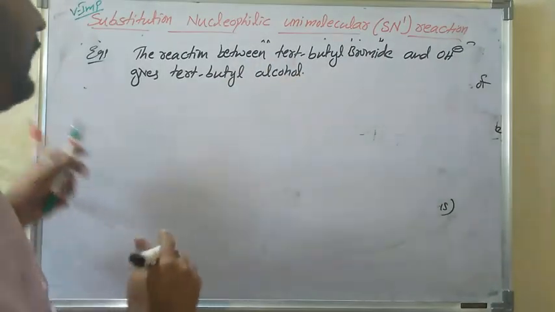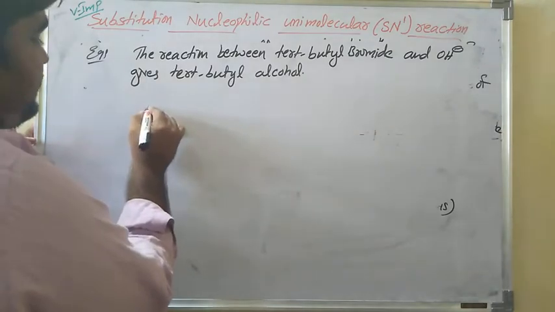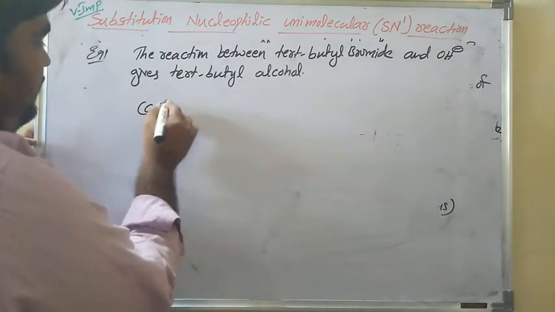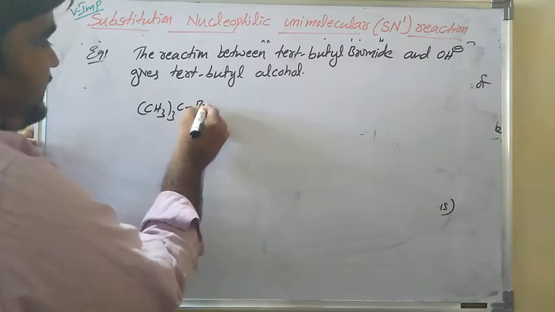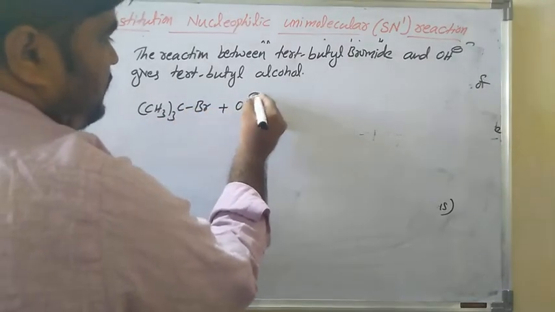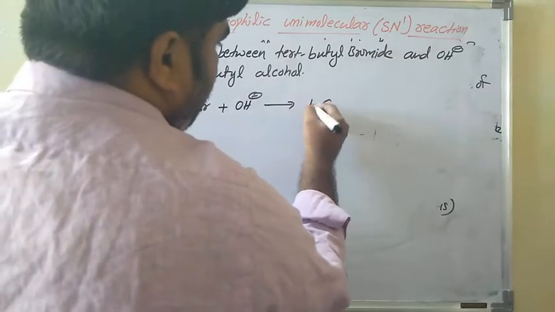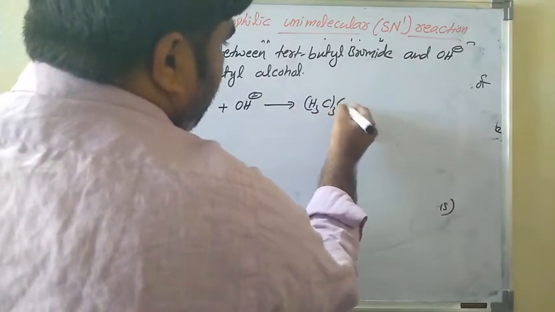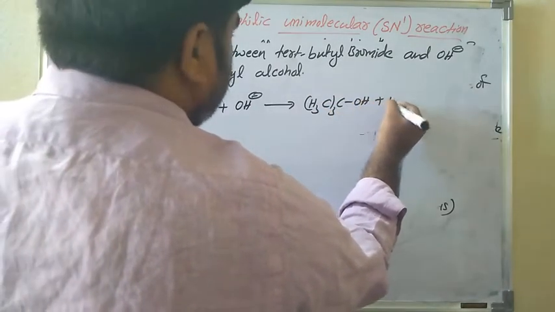Tertiary butyl bromide example, (CH3)3CBr, this is tertiary butyl bromide, plus OH minus, and here is produced tertiary butyl alcohol plus Br minus.